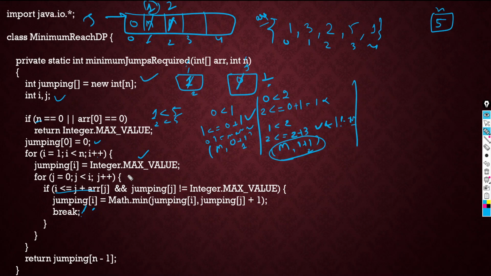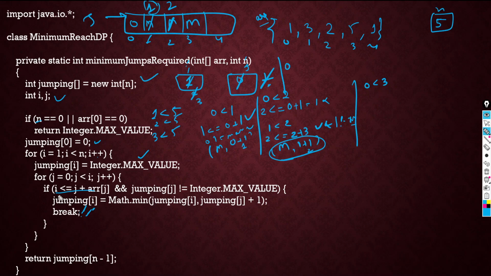Now again, let me come to the very next place. Again, this has broken because we have entered into it. Now again, we have to increase the ith value. I is 3. 3 is less than 5. Correct? What I have to do, again jumping of 3 will be placed with maximum, then j will be created as 0. 0 is less than I, which is 3, it is correct.